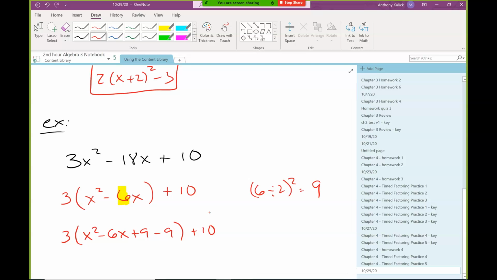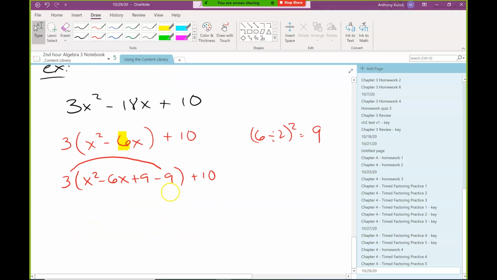And the piece we don't want is the minus 9. So to kick the minus 9 out of the parenthesis, we just distribute that 3 to it. That boots the negative 9 out. And then we can factor.